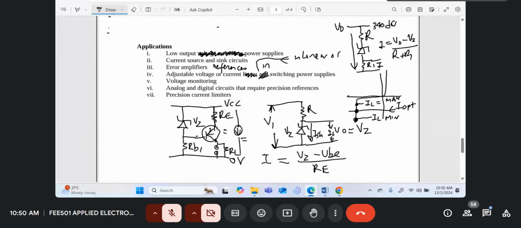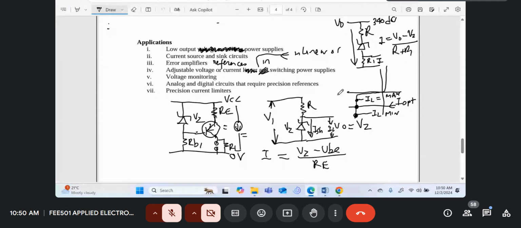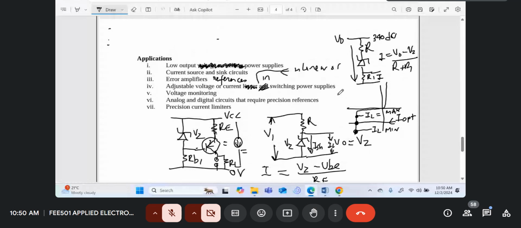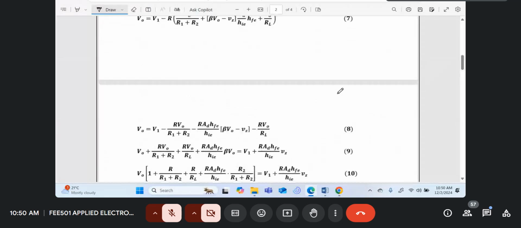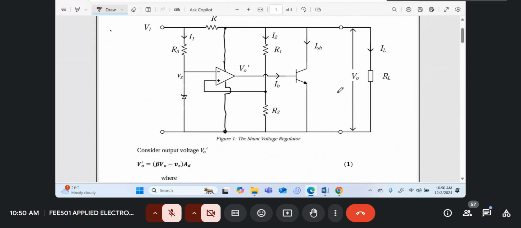So with that, we come to the end of this section, unless there are any other questions on this circuit. Normally, it is not used because of its poor efficiency. In fact, the only shunt regulator that we use commonly is this Zener. We design a Zener with correct biasing to give us a precision voltage across the Zener, which we'll use as a voltage reference.